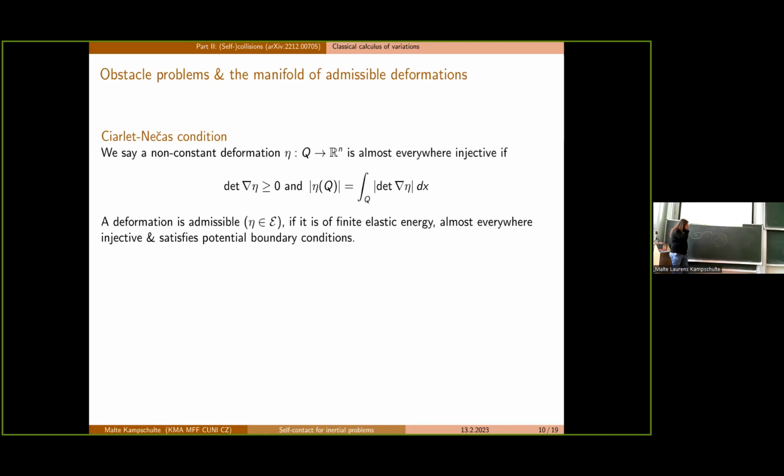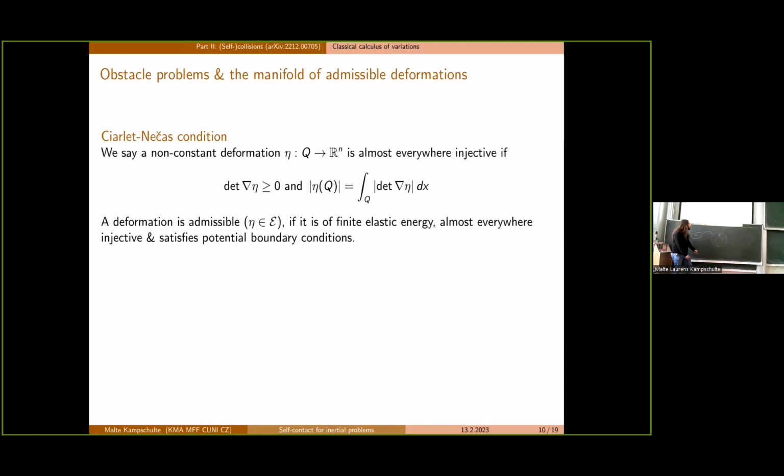And now you say, okay, we all learned, like in the first semesters, there's an easy way to calculate the volume of this thing by pulling it back to here and integrating over the determinant. But actually, if there's some overlap, if there's some self-intersection, then integrating over the determinant counts the self-intersection twice.